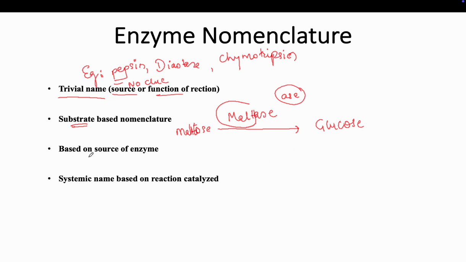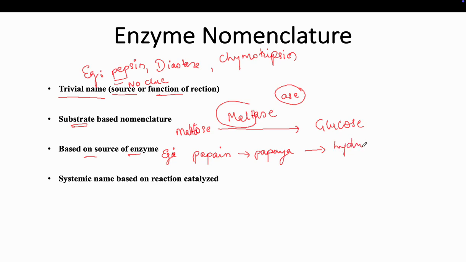Similarly, enzymes can be named based upon the source, that is, where the enzyme is found. For example, we have papain. This papain enzyme is found in papaya, and it is capable of hydrolyzing protein.